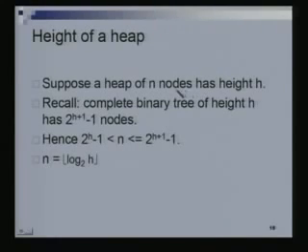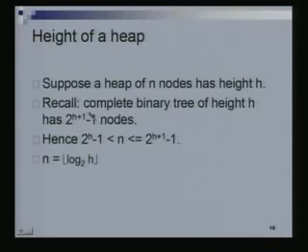If we have a heap of n nodes with height h, then it has more nodes than a complete binary tree of height h minus 1. So, the number of nodes in the heap is larger than the number of nodes in a complete binary tree of height h minus 1.